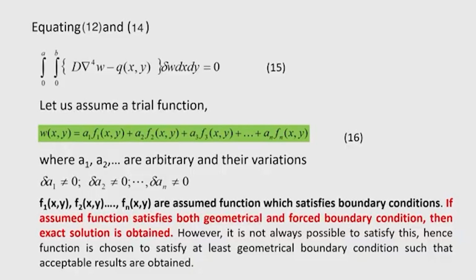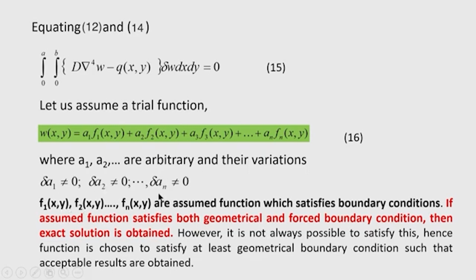If it satisfies both geometrical and force boundary conditions, then the exact solution can be obtained. In this expression a1, a2, a3 etcetera are the arbitrary constants, and delta a1, delta a2 up to delta a n are their arbitrary variations, and these are non-zero quantities.